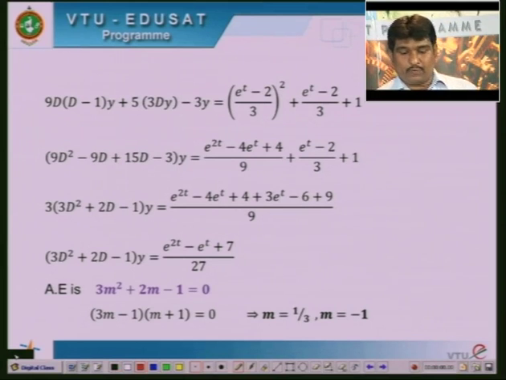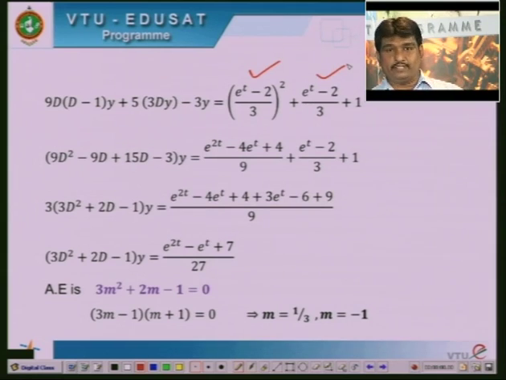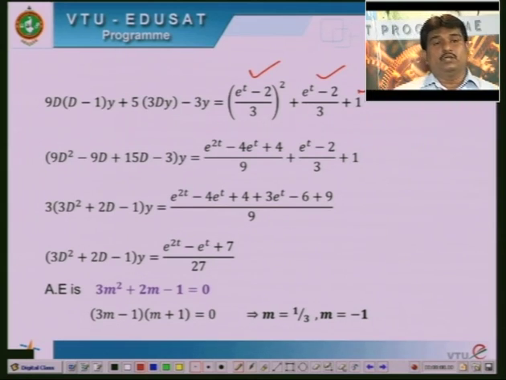This is the x square term, which is (e to the power of t minus 2) by 3 whole square, plus the x term, (e to the power of t minus 2) by 3, and this is a constant present in it, 1. Multiply 9D, you get 9D square minus 9D plus 15D minus 3, operated on y.